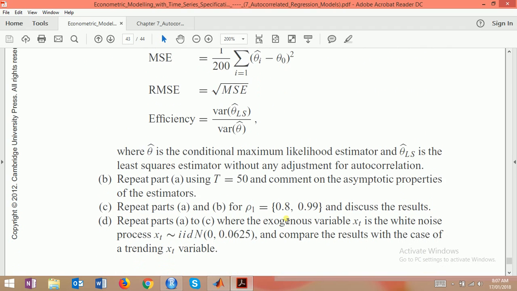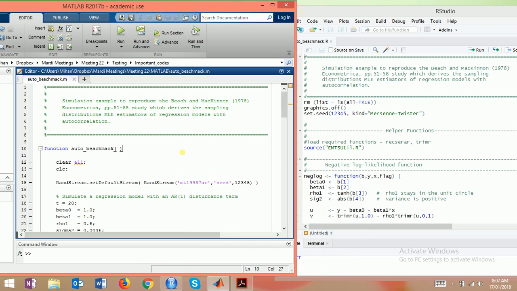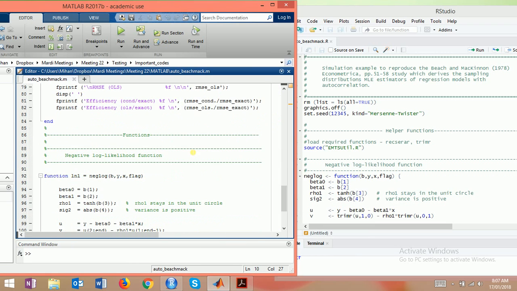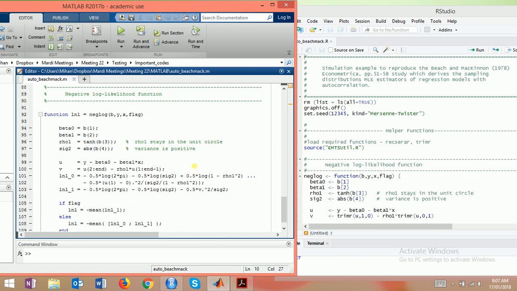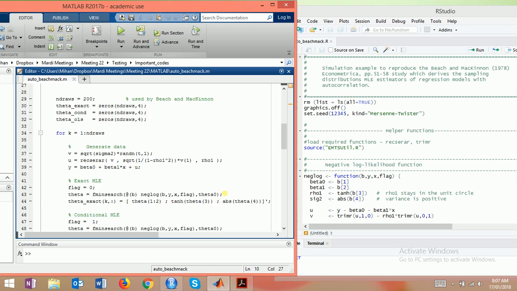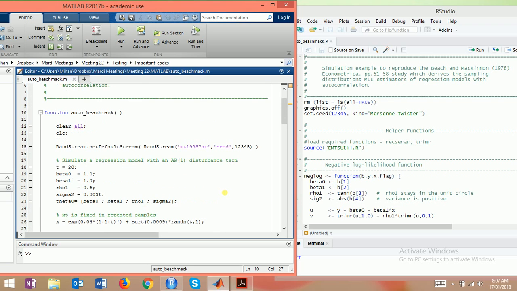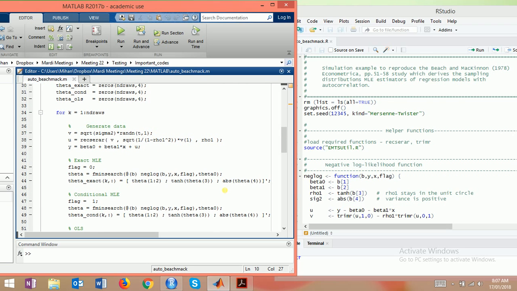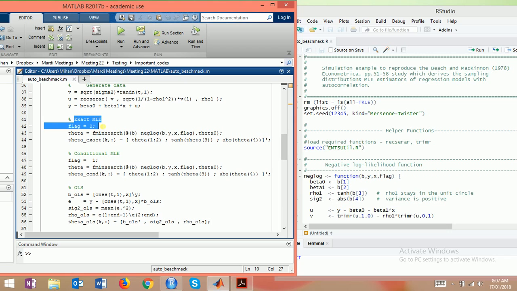Fine. Great. Then finally is the Beach Mackinnon study. Bias, we did this already. In previous examples we already used this. The flag one, remember, with flag we use FN insert. Exactly the same problem. Beach Mackinnon, there's nothing changing. We generated data, we estimate exact MLE, we estimate conditional MLE.